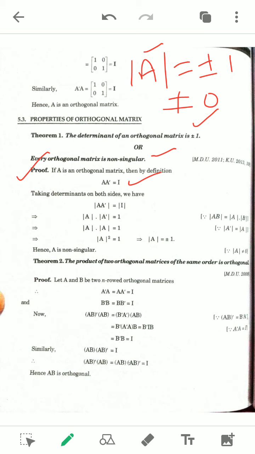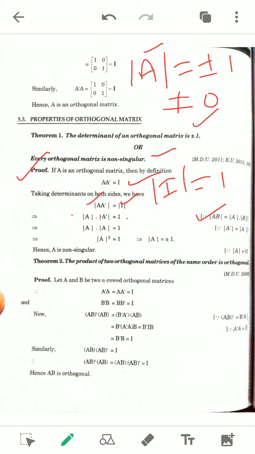We get determinant of A transpose A equal to determinant of I. But we know from the result of determinants that determinant of AB equals determinant A into determinant B. That's why we can write determinant of A transpose into determinant of A equal to 1, because the determinant of an identity matrix is equal to plus 1.